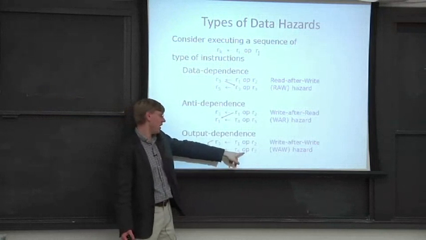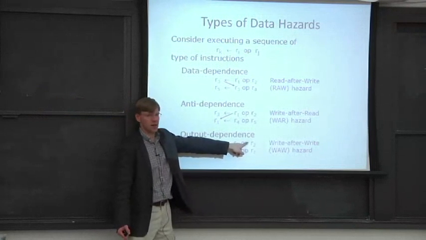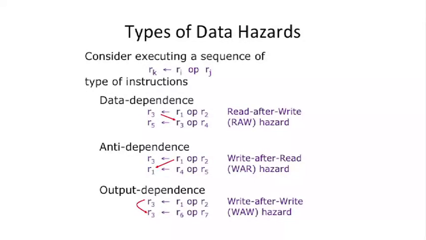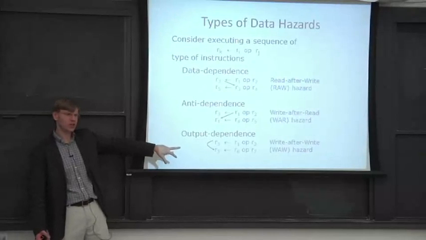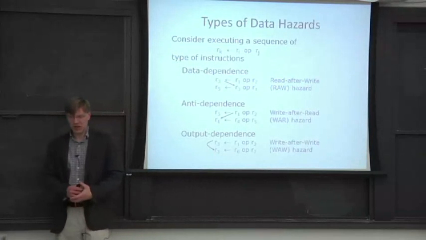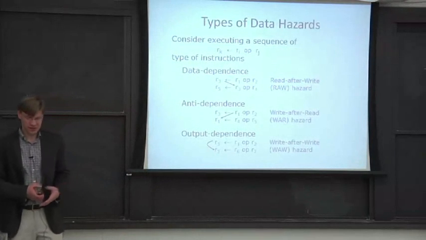Let's say this instruction is a long latency operation like a multiply, and this is like an add. We call that a write after write dependency. We need to maintain the order so that this gets written first, and then this gets written. If you interchange those two results, the next thing that reads R3 is going to get the wrong value. That's pretty important, and it's called an output dependence.